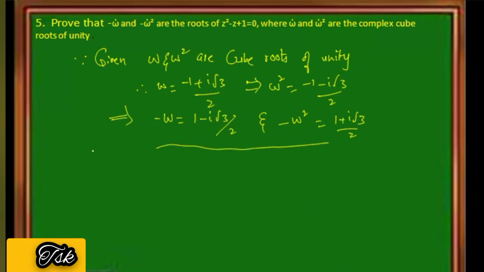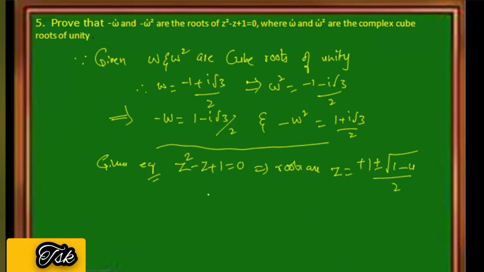Now come to the given equation, z square minus z plus 1 is equal to 0. We know the roots are z is equal to minus b, means plus 1, plus or minus root of b square minus 4ac, by 2a. So z can be written as 1 plus or minus root 3i by 2.